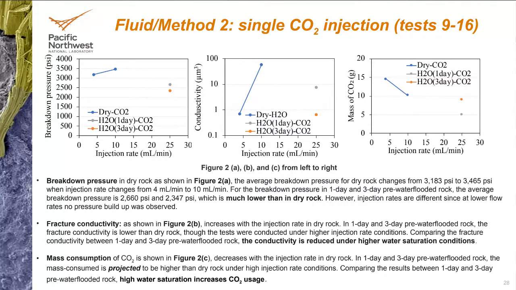And even with those flow rates, in particular in the 3-day water saturated rock, the conductivity values were very small. And this is the mass consumption of CO2. Again, the trend, and we haven't done this at hot dry rock, will be that you require more CO2 as the rock is more saturated with water.